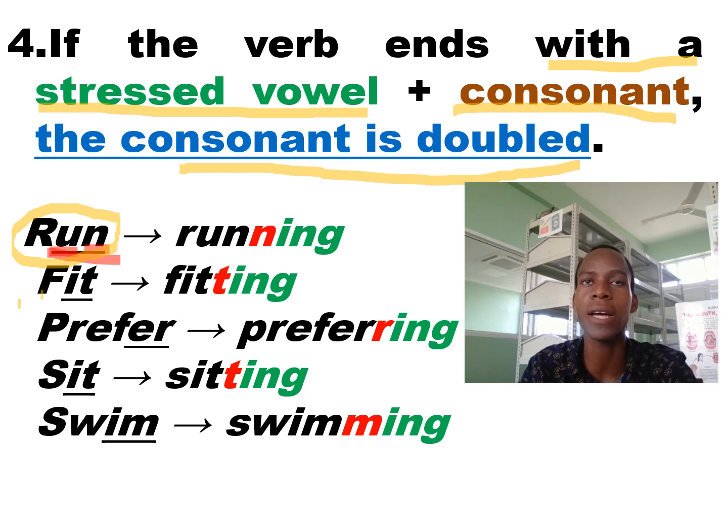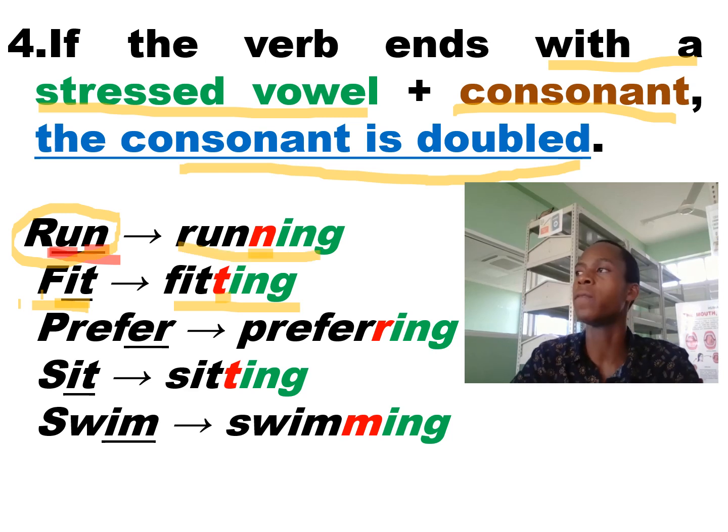We have eat at the end, so it is stressed altogether. So we double the D sound. We make the addition of another sound, like here, we added another N sound to make feeding and running. So if you have words which end with a stressed vowel and consonant, then you double the consonant to make the present participle.